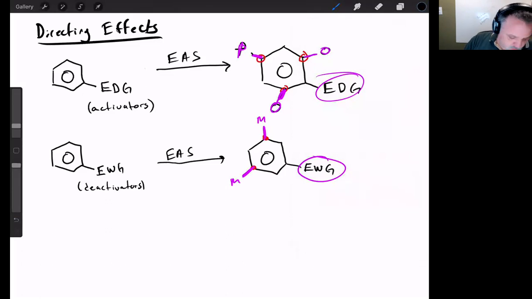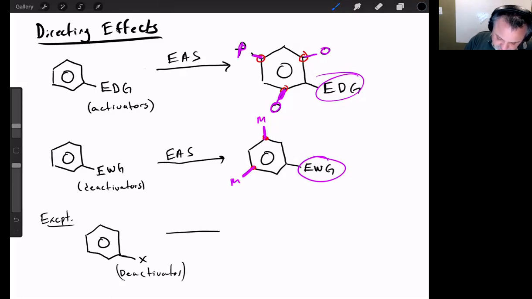There was only one exception, and the exception involved a halogen attached to the ring. It is a deactivator.